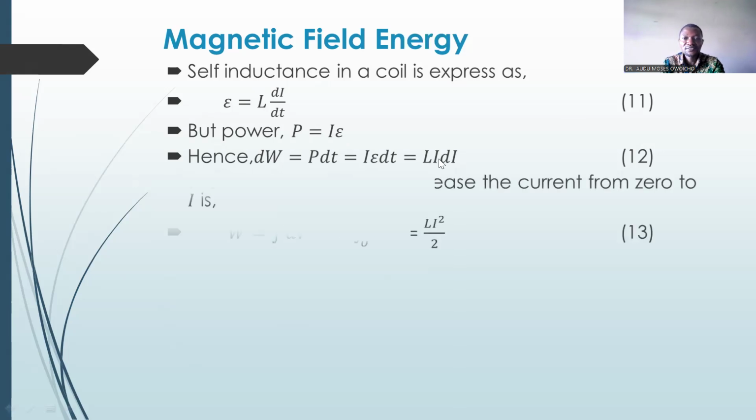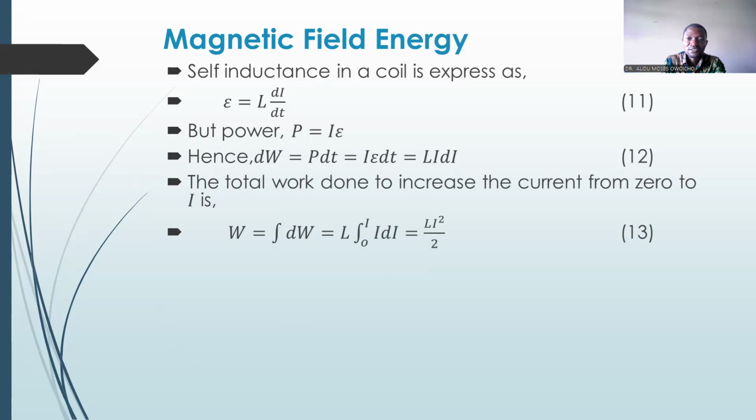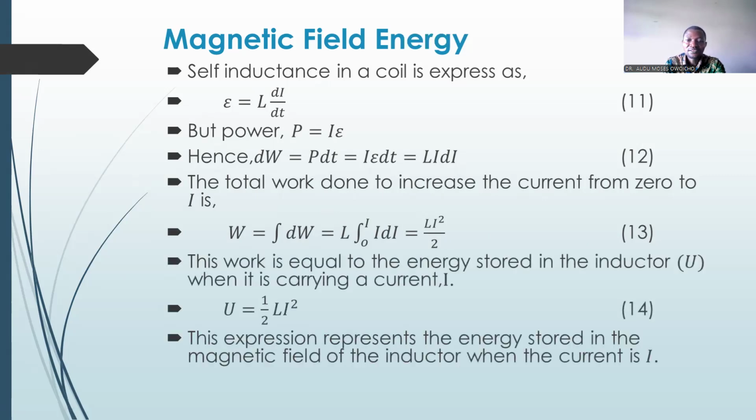Let's integrate and look at the total work done. The total work done to increase the current from 0 to I, by integrating this expression, we will have the total work done given as equation 13. And this work done is equal to the energy stored in the inductor, given by U, when it is carrying current I. So we can express that as equation 14.